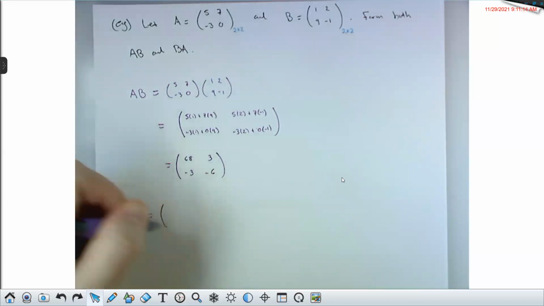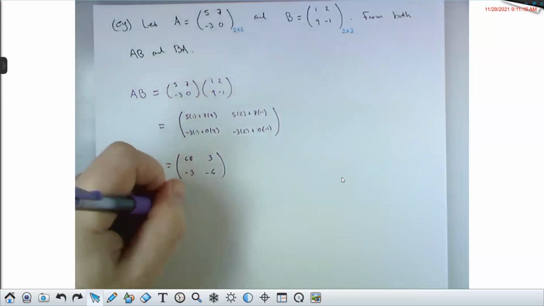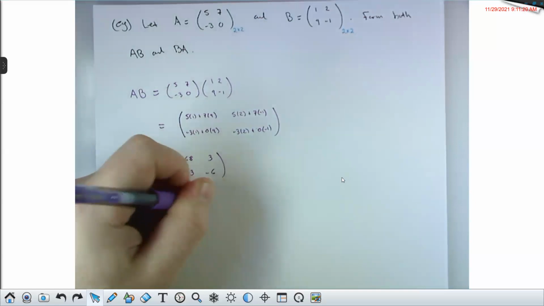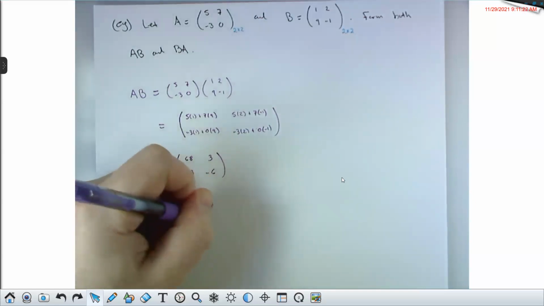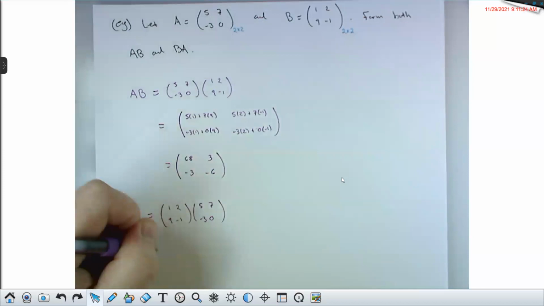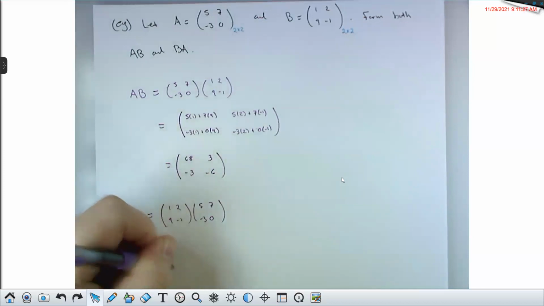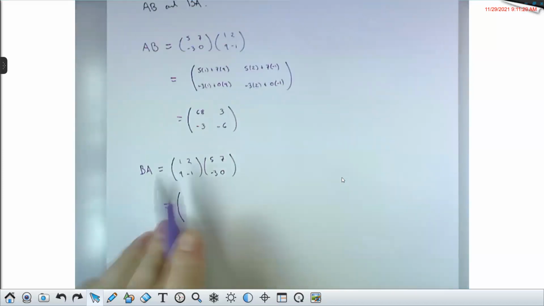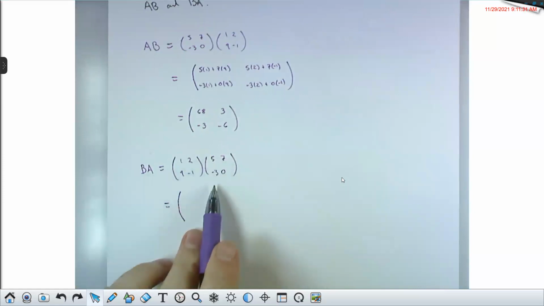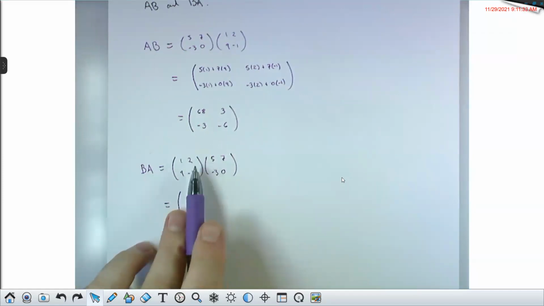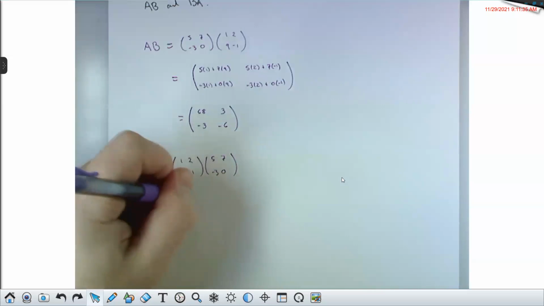BA, just swap these around. That's 1, 2, 9, -1 times 5, 7, -3, 0. Now I take rows of this with columns of this. So that's 1 times 5 plus 2 times -3.